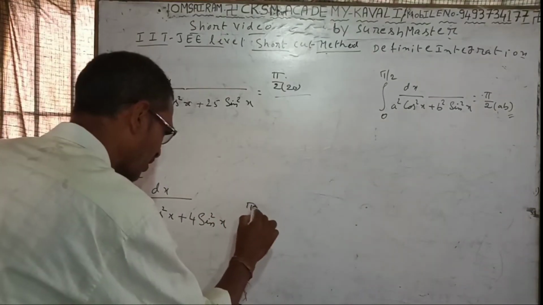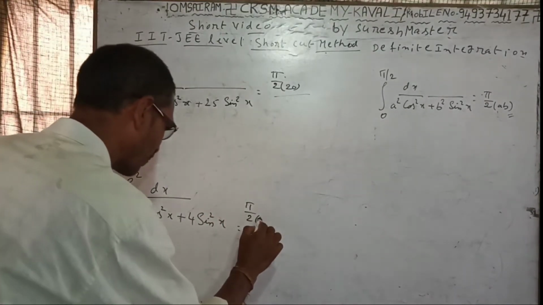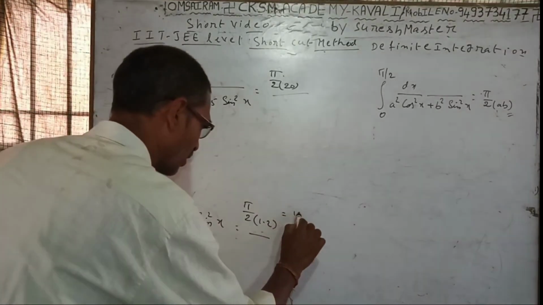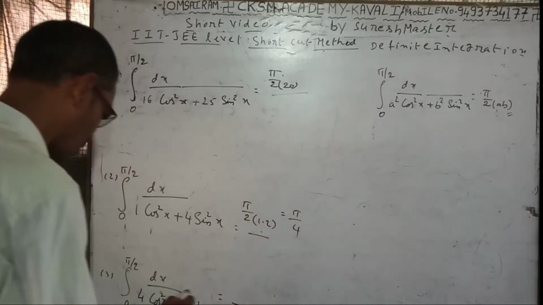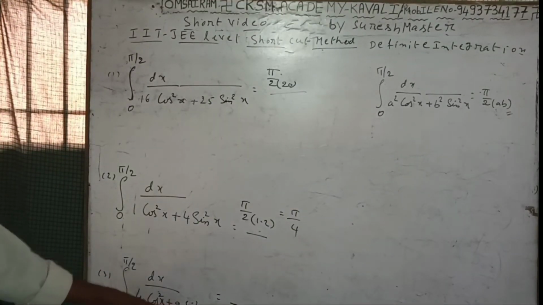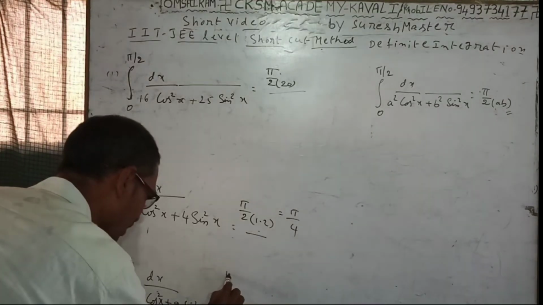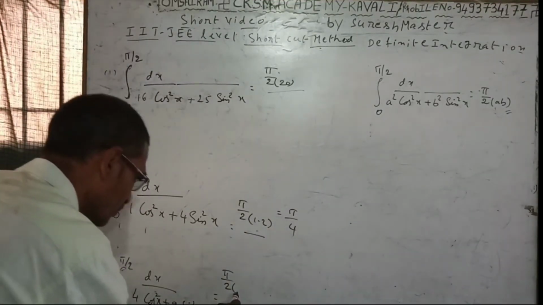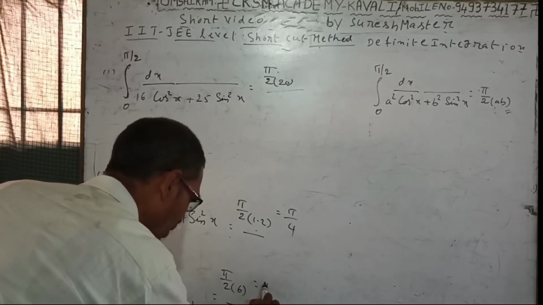So this answer is pi by 2 into 1 into 2 equal to pi by 4. Then the integral 0 to pi by 2 dx by (4 cos square x plus 9 sin square x) given. This answer is pi by 2 into 6, equal to pi by 12.